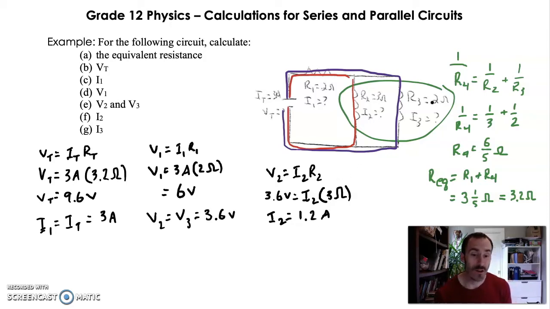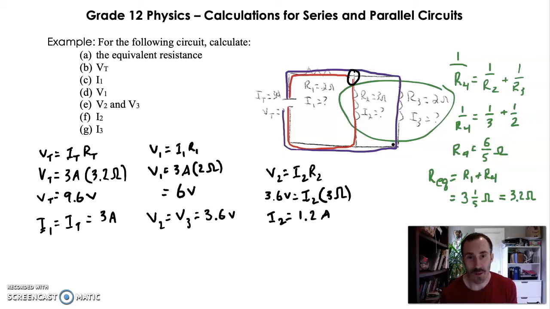Now to find I3, we have a couple different options. So option 1, we know R3, the resistance, and we know V3, the voltage drop. So we can just do Ohm's law again, V equals IR, and figure out what the current is through here. Option number 2, we know that the entire current is 3 amps. So 3 amps travels through this resistor, and then it splits at this junction. Okay, and we know that 1.2 amps goes through this branch, and the remaining current has to go through the other branch.